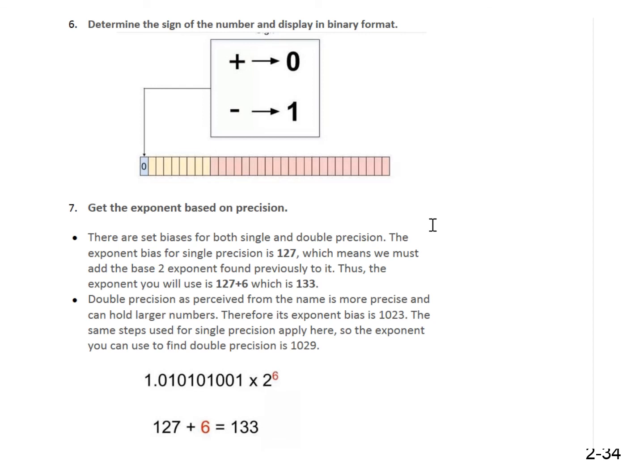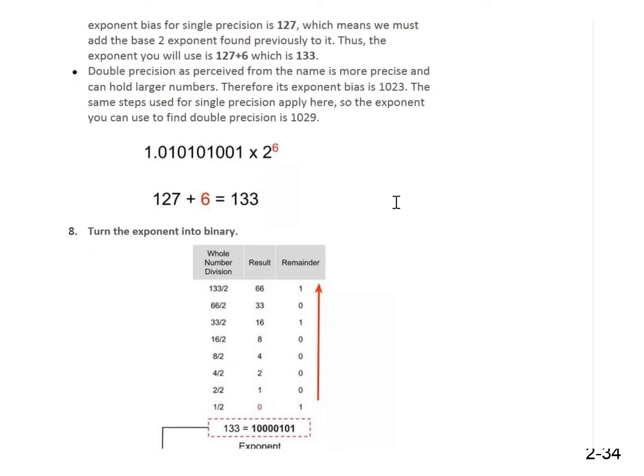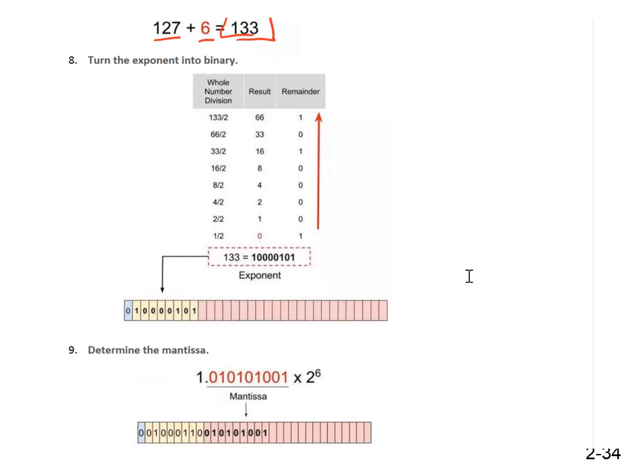So we add 127 to 6. And this becomes our exponent. And we need to convert that to 8 bits and place it there. Number was positive. There's our sign bit.